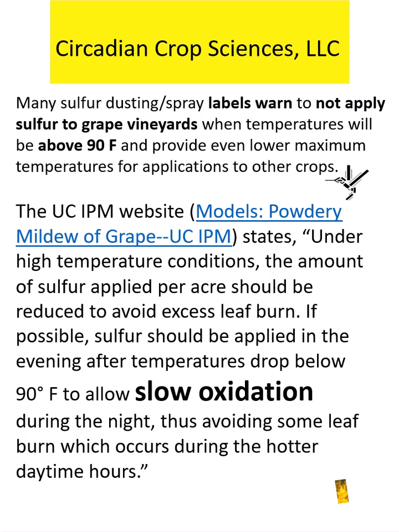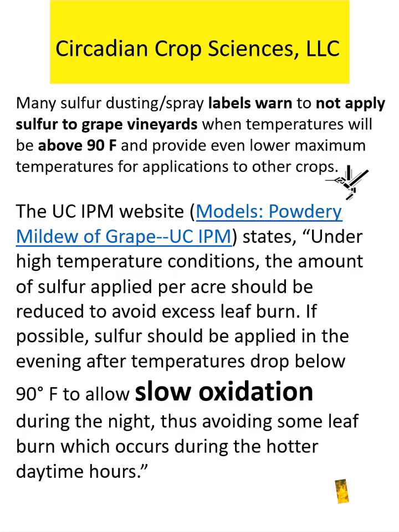The University of California Integrated Pest Management website, in their section on modeling powdery mildew of grapes, states: under high temperature conditions, the amount of sulfur applied per acre should be reduced to avoid excess leaf burn.